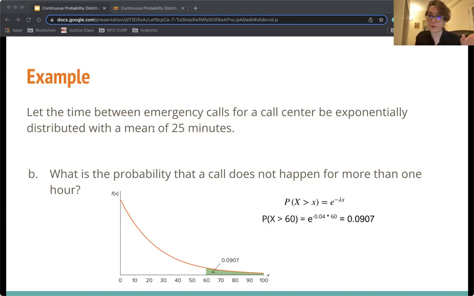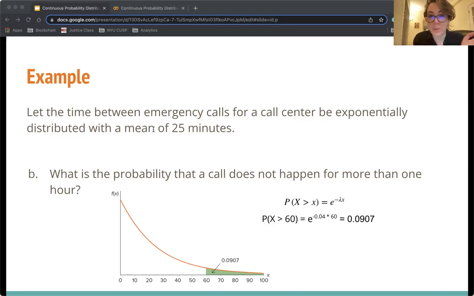So again, we're just taking our formula, plugging in the right numbers for what we are measuring once we have that rate, and we're looking for that value of x. And this tells us that the probability of a call not happening for more than 1 hour is relatively very small. It's about 9%. So this would indicate that there should be at least 2 staff members at the phone center to accommodate this demand.